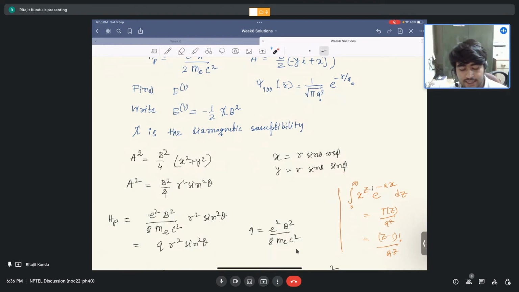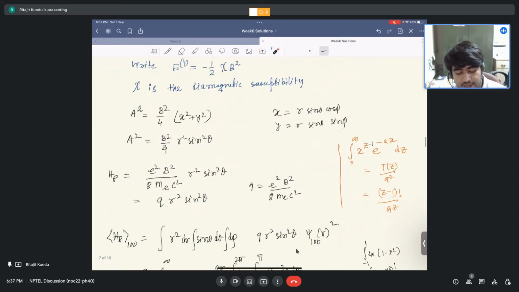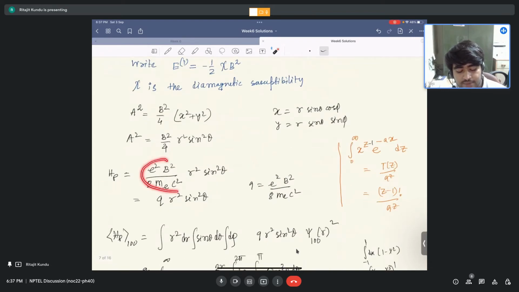If you plug those x and y into your expression, you find that x square plus y square is just r square sine square theta. So now your total Hamiltonian reads something like this. There are some constant factors sitting here, and this r square sine square theta are the coordinates of this hydrogen atom.